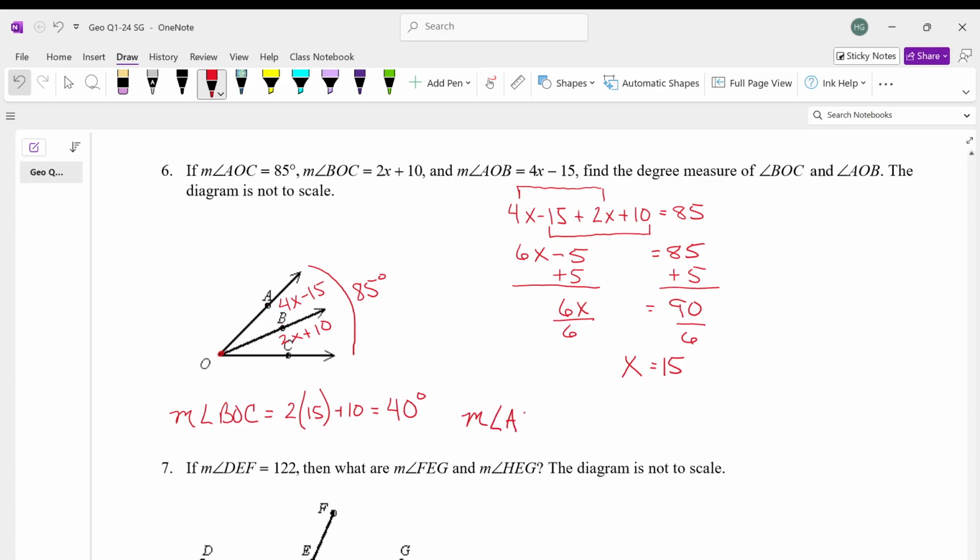Measure of angle AOB is equal to 4 times 15, I'm sorry, 4 times 15 minus 15. And 4 times 15 is 60, minus 15 is 45 degrees. And that makes sense, right? A 40-degree angle plus a 45-degree angle equals an 85-degree angle. So the sum of the two smaller angles equals the large angle.